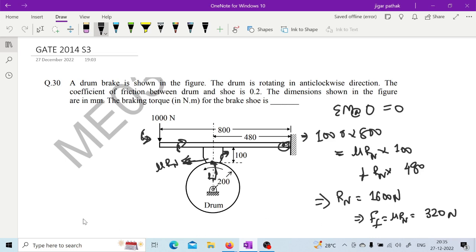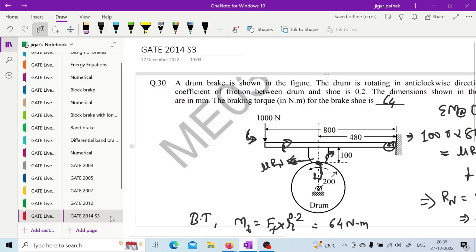And then braking torque will be equal to this frictional force into drum radius. Drum radius is 200 mm, means 0.2 meter. So 320 into 0.2, so you will have 64 Newton meter, correct? Yes, sir.